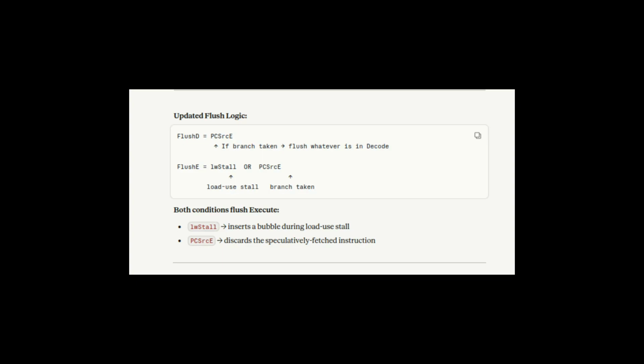So flush D, if you have to flush the decoding stage, is decided only by PCSrc. If the branch is taken, you have to flush D. Flush E is decided by load stall and PCSrc together: whether you have a load instruction or a branch instruction, you have to flush the executing stage.